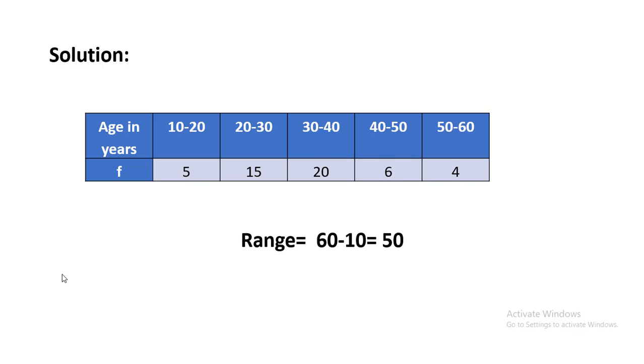So in this case, the upper class boundary or upper class limit of the last class minus the lower class boundary or lower class limit of the first class. That is how you calculate range.